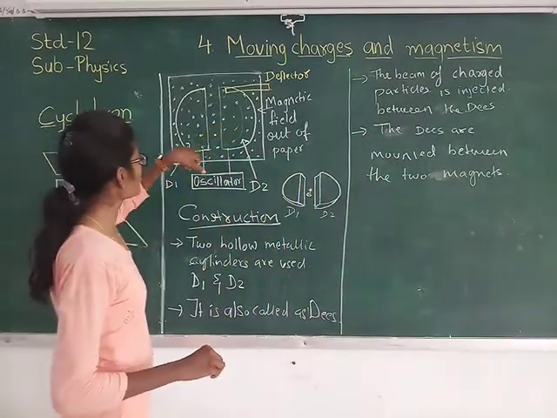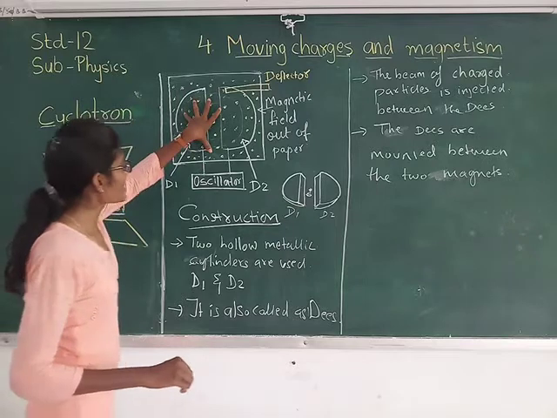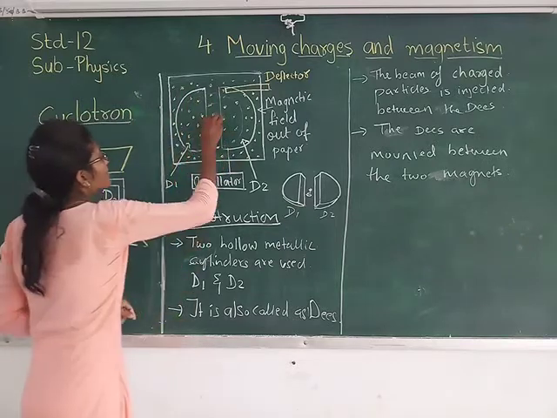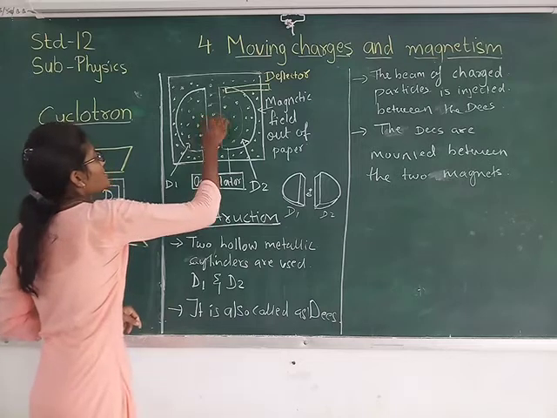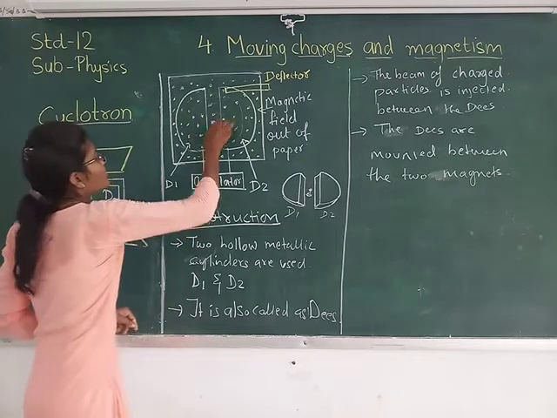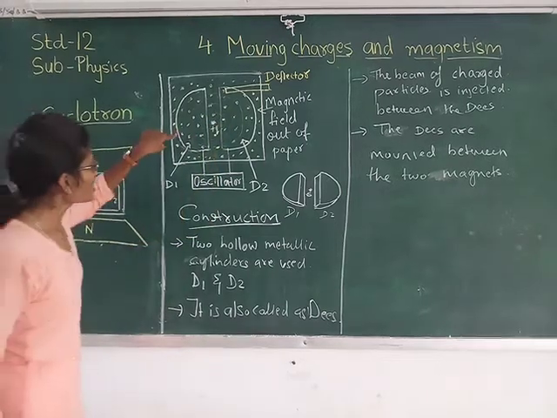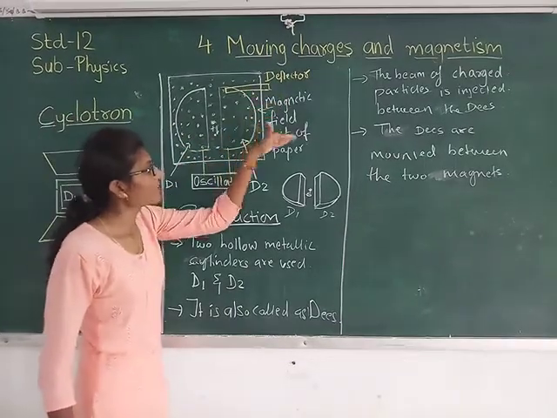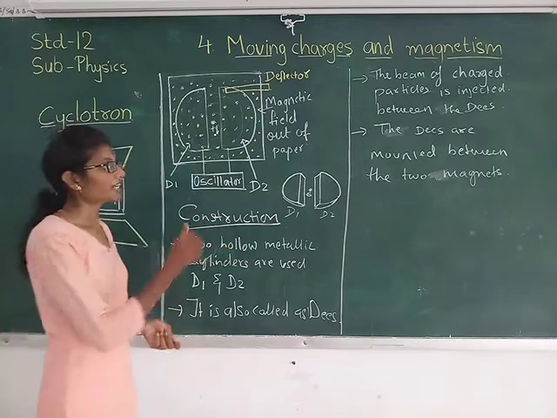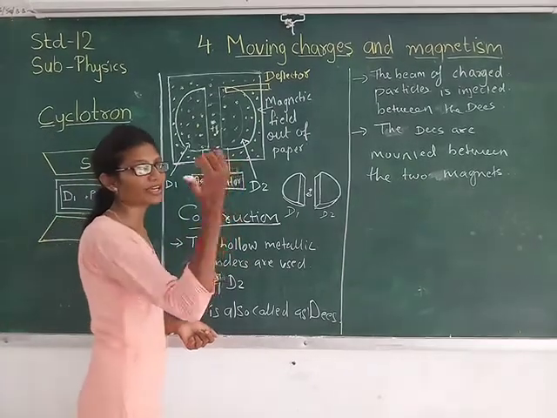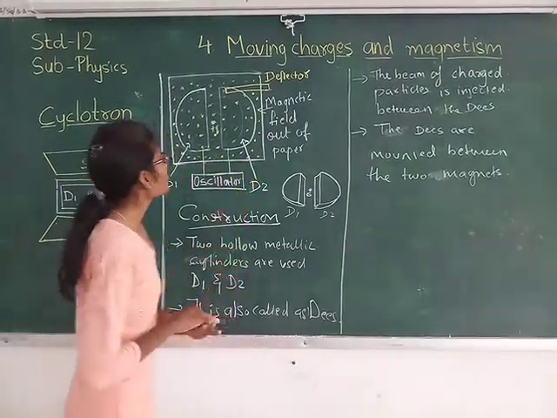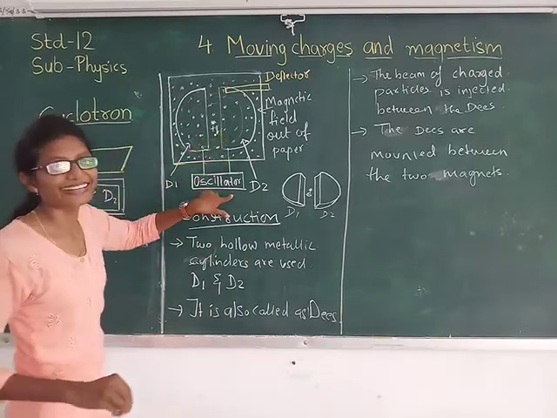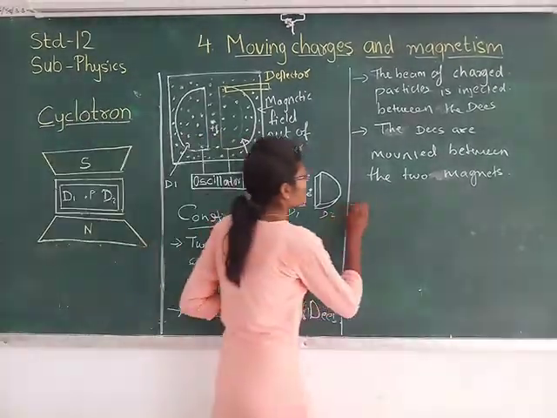Now as you can see over here, in this diagram, these are the 2 Ds. Here let us consider a charge plus q, right? Over here this dot shows what? It shows the magnetic field out of paper, right? That means the magnetic field lines will be coming outside.